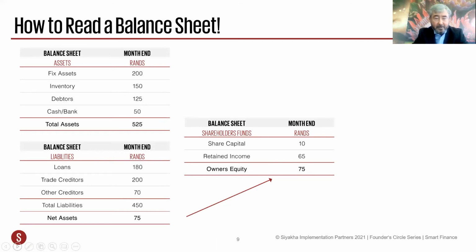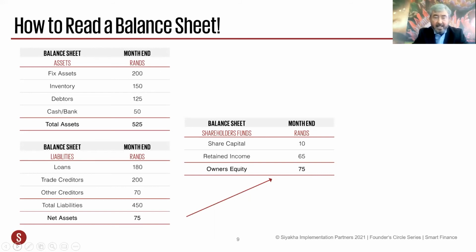Let's say, for example, the total asset value is 525 Rand. Then you total up your liabilities. In this case, we've got some loans, some creditors, other creditors, and the total liabilities is 450 Rand. That would leave us with a net asset position of 75 Rand.